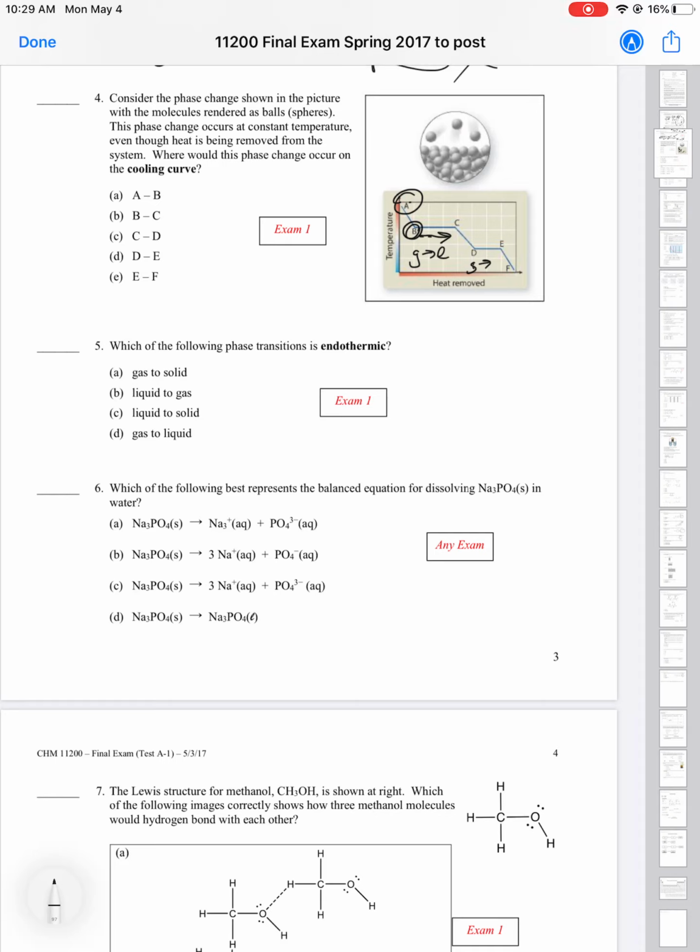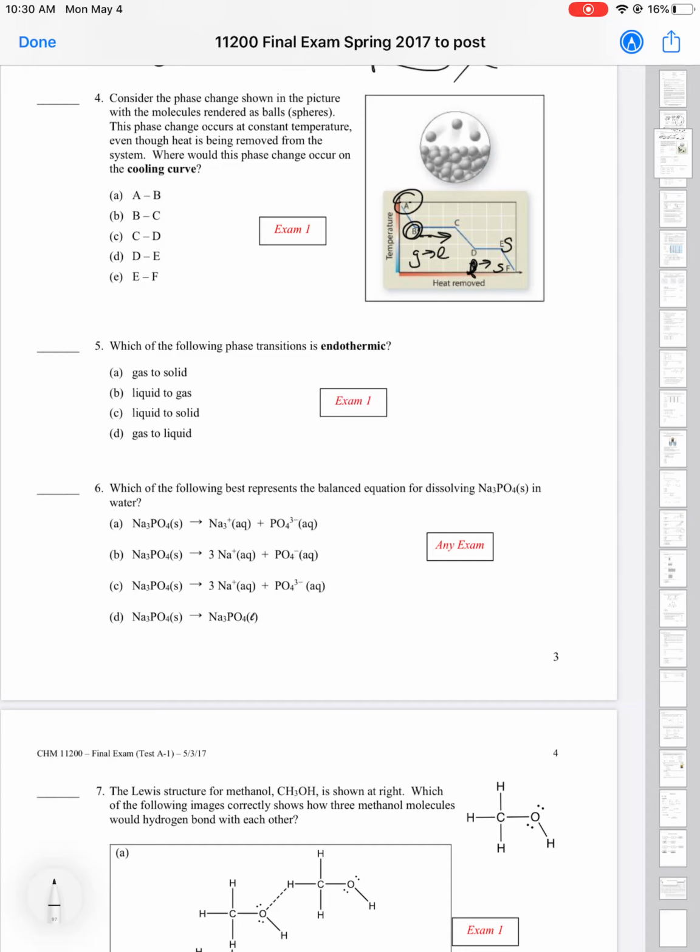And you have a liquid to solid transition. So this is the liquid cooling down and then becoming a solid, and here it's a solid and cooling down, right?